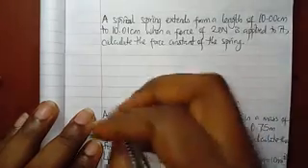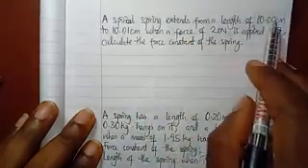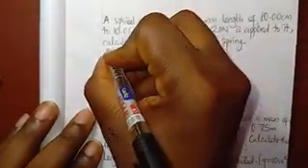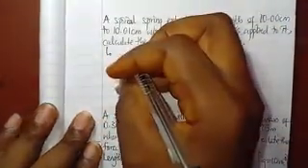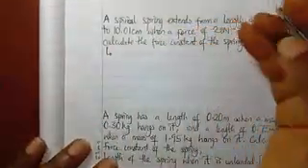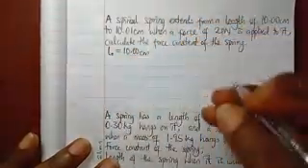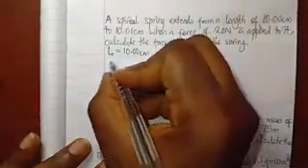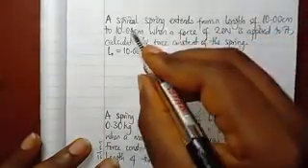So let's write out our parameters. From a length of this to this, that means this was its original length. We are going to call that L sub 0, its original length when no force was applied to it, is equal to 10.00 cm. And then we have it extends from this original length to this new length.